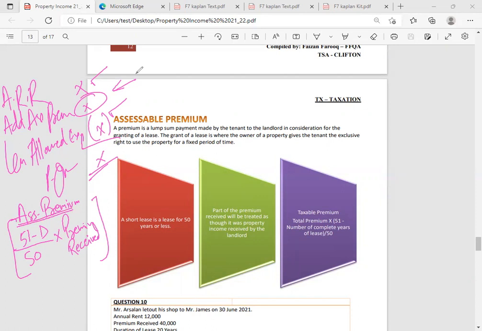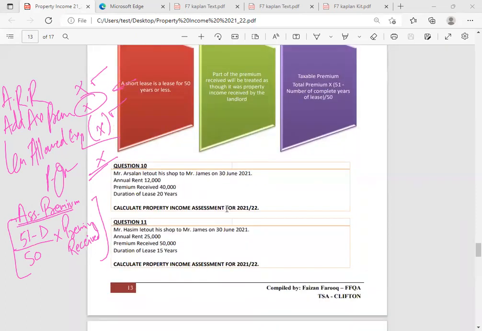Got my point? So 51 minus duration of lease divided by 50. This 51 and 50 are from the formula. D is for duration of lease, which will be mentioned in the question, and then premium received. After doing one question, it will be very clear to you.